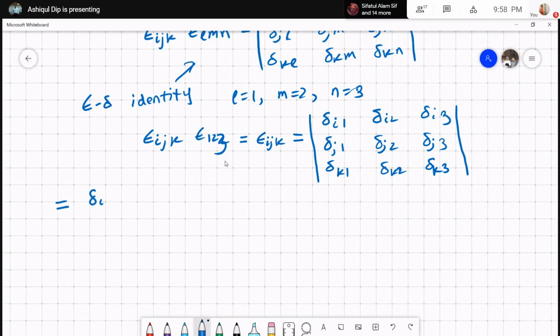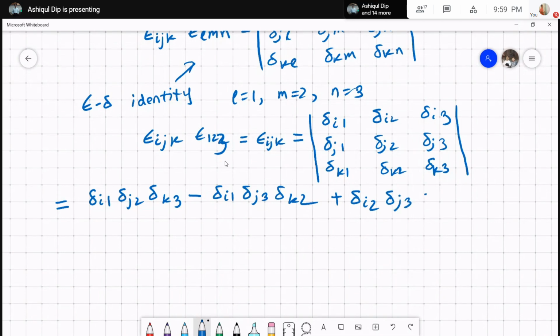So it gives you Kronecker delta i1, delta j2, delta k3 minus delta i1, delta j3, delta k2. Then this thing plus Kronecker delta i2, delta j3. I think it can be easier if you use the properties of determinant.